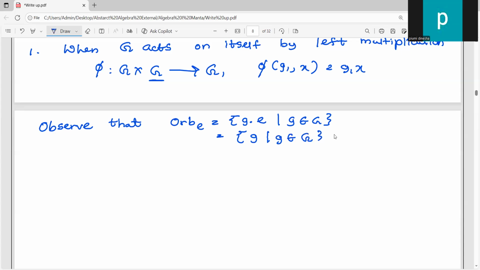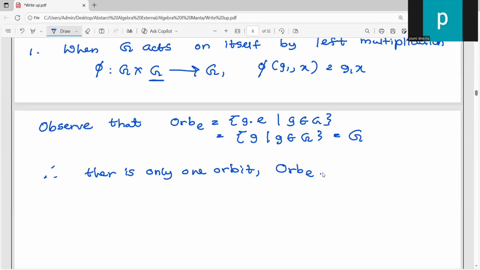What do we have over here? g, where g comes from the entire group G. So all of G belongs in this one orbit. Therefore, there is only one orbit, which is the orbit of e.